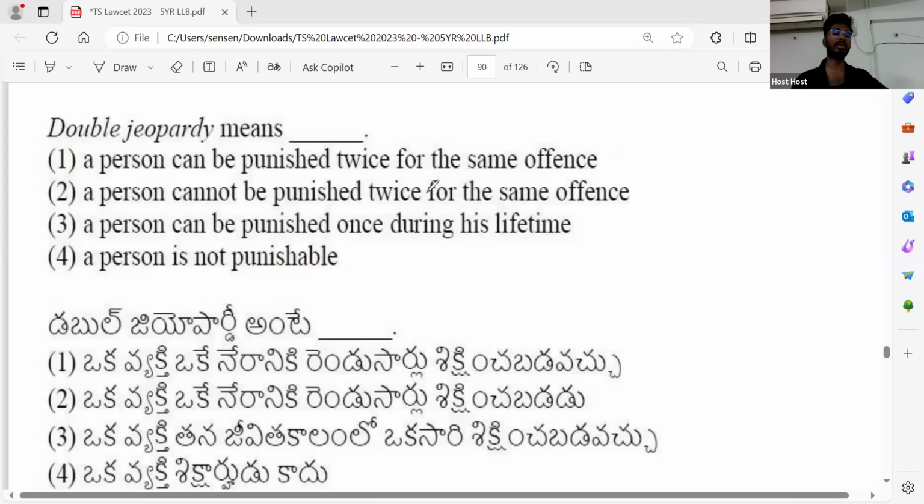No double jeopardy is no double punishment. But here it is saying a person can be punished twice. So there is a little confusion in this question, but people who answered either 1 or 2 both got the mark in the exam, because the constitution says no double jeopardy.